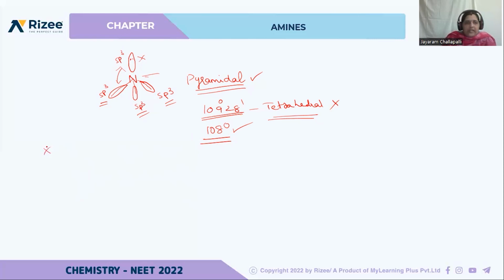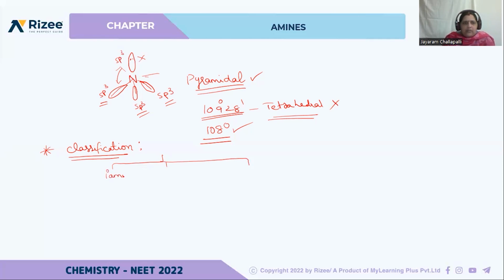So, okay, next let's see classification. We already discussed this one. So how many types of amines are there?